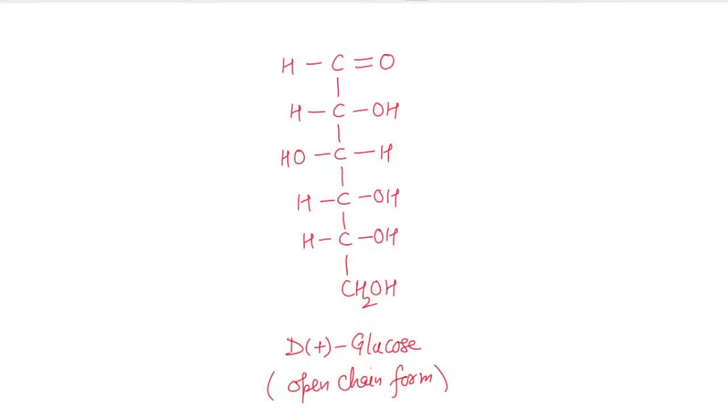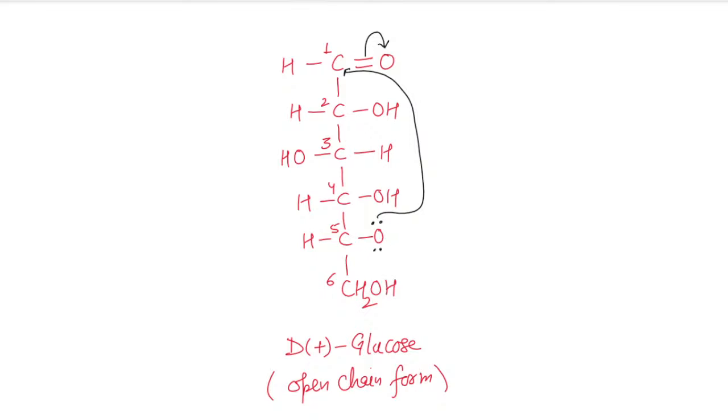Now 1, 2, 3, 4, 5 and 6. Lone pair of oxygen of OH attached to the fifth carbon attacks here, okay, and the double bond, this pi bond shifts towards oxygen.